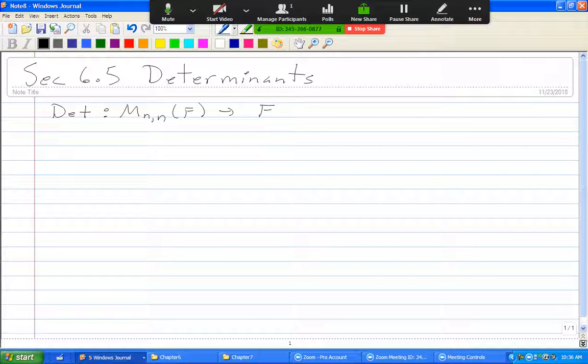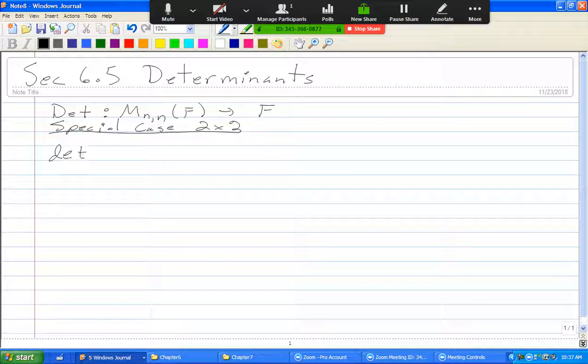Okay. So first off, before I give you the definition of determinant, let me give you some special cases. And also, instead of writing DET, a lot of times instead of putting the brackets around the matrix, we'll just use straight lines. So it almost looks like an absolute value. When we do that, we're saying find the determinant.